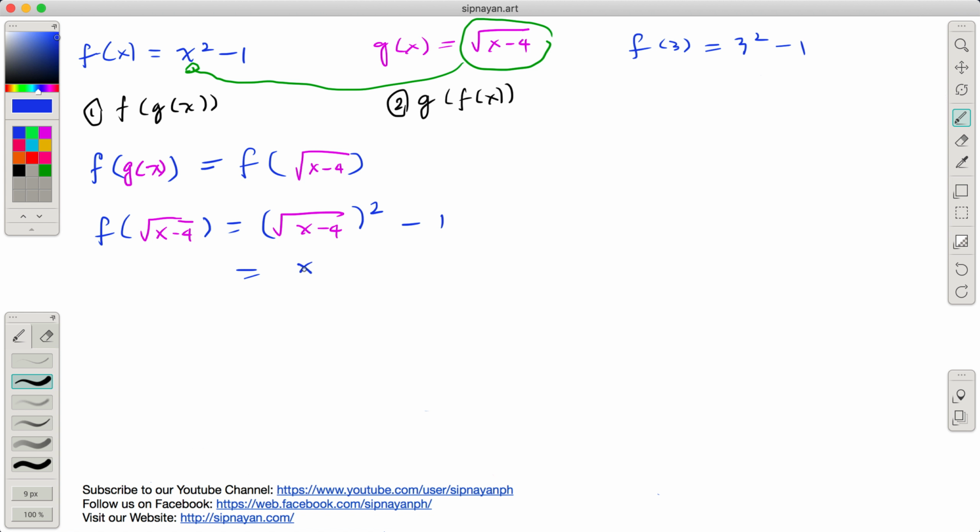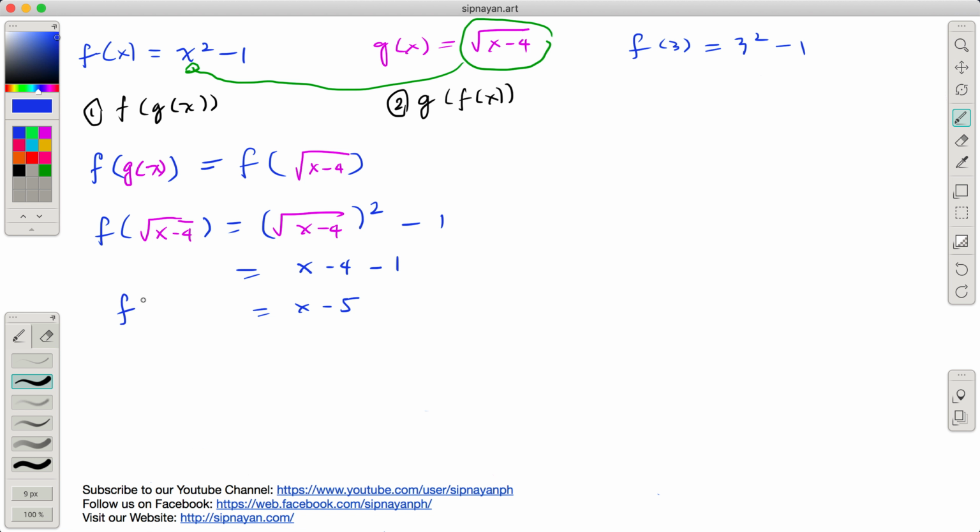So, magiging x minus 4, and then minus 1. Meaning, we have x minus 5.